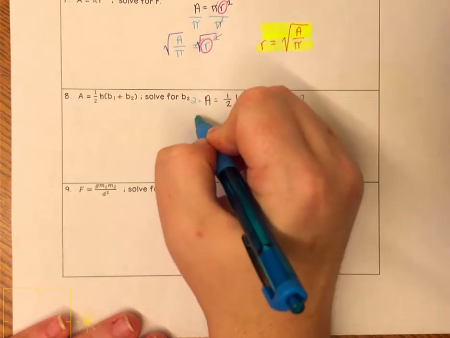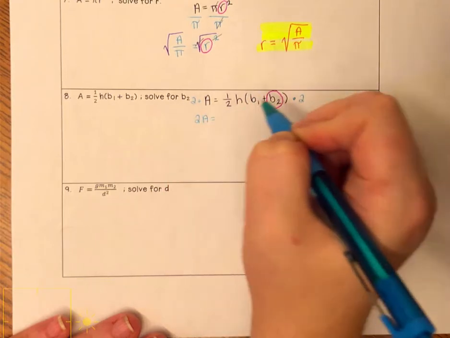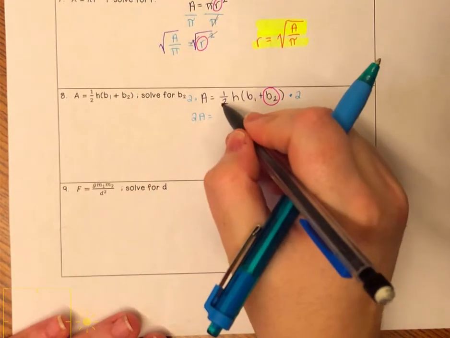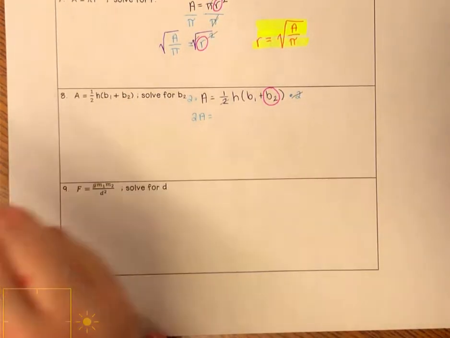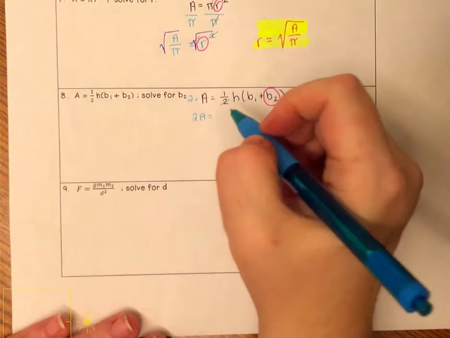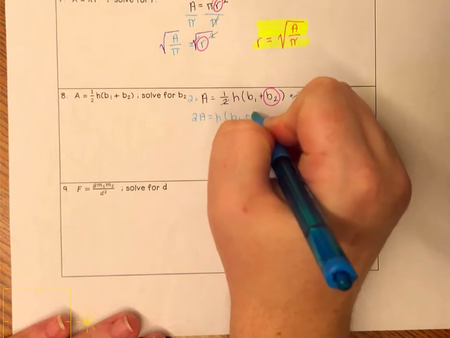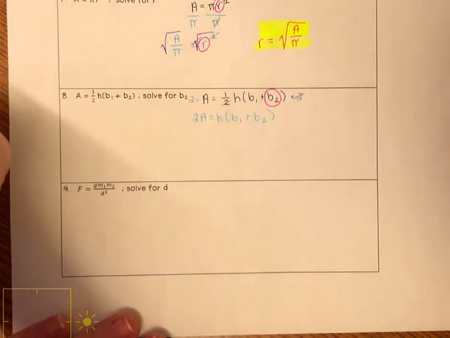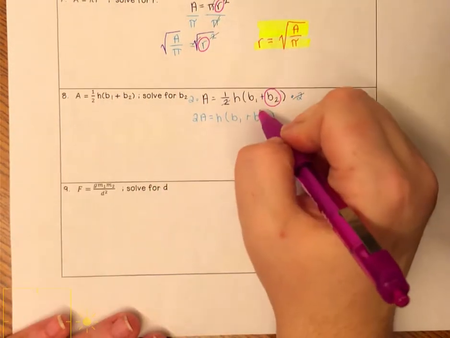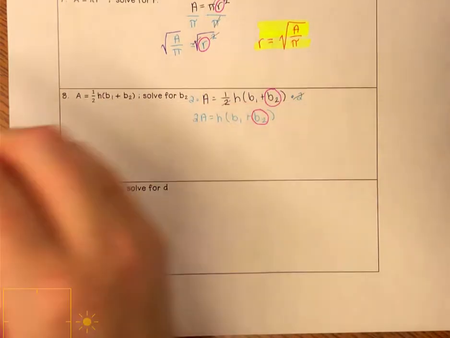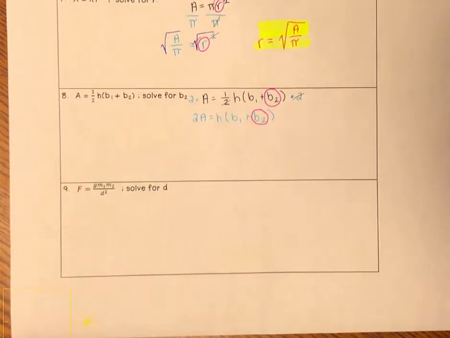So now we have 2A equals, the 1/2, that division and that multiplication, will go away. Now we're left with h, parentheses, b1 plus b2, close parentheses. Again, I'm going to circle my b sub 2, because that's what I want to get alone. And again, we're not going to distribute because that would just put more onto that circled part.